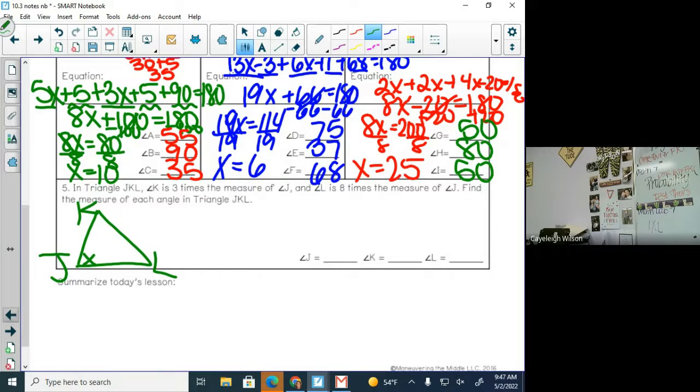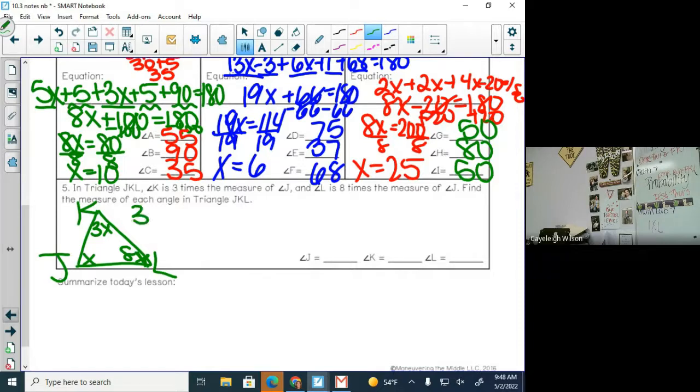It tells us that angle K is 3 times the measure of angle J. So what would angle K be? How would you write that? 3x. Okay, it tells us that angle L is 8 times the measure of J. 8x. Then I can find them all, because I know that all three of those together equal 180.